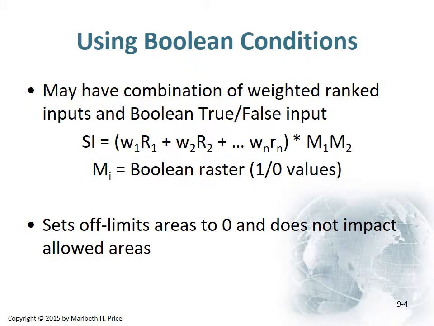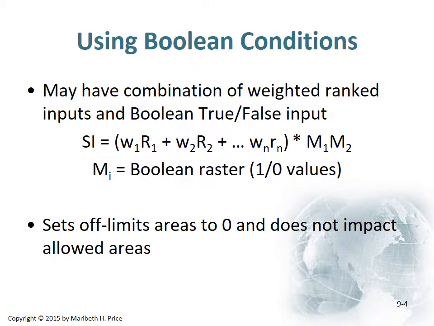So what this does, in effect, is it sets off-limits areas or zones that we absolutely will not consider for analysis. In those Boolean grids, those are the zeros.